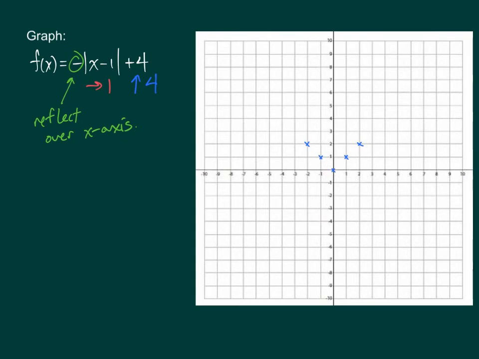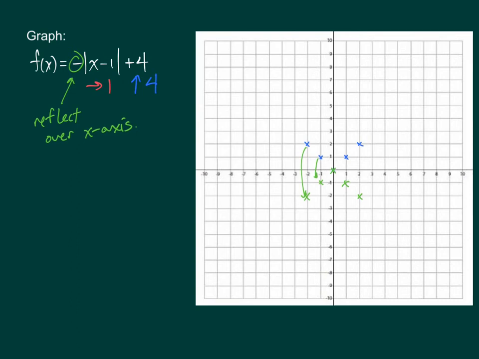So when you reflect over the x-axis, all these points right here will end up being underneath the x-axis. So I'll use some green points to represent the reflections. So that one will not move. This one will get reflected over the x-axis there. This one will get reflected over the x-axis there. And similarly with these.